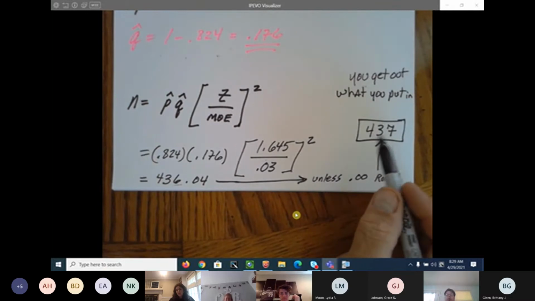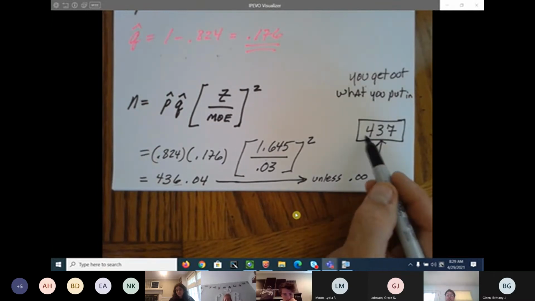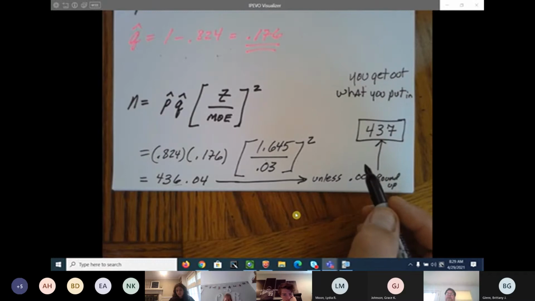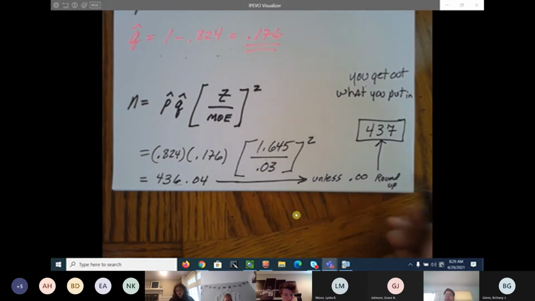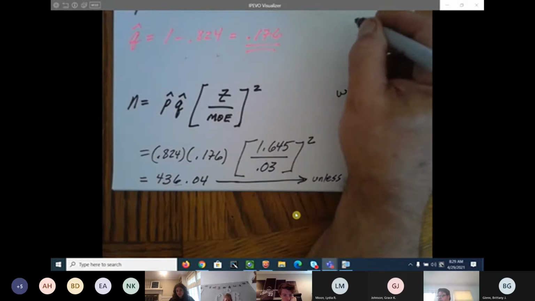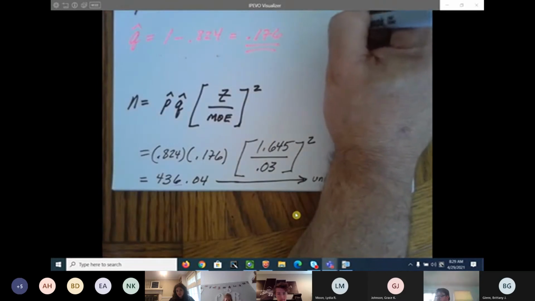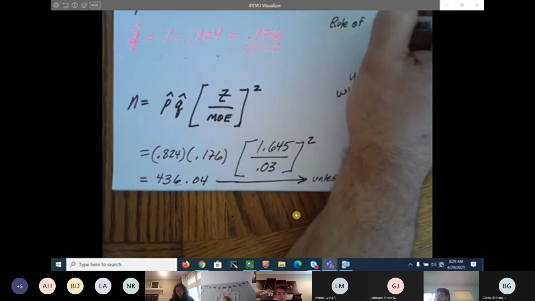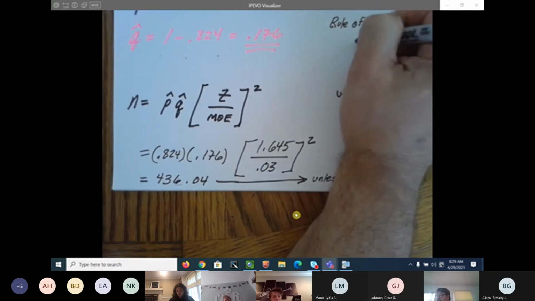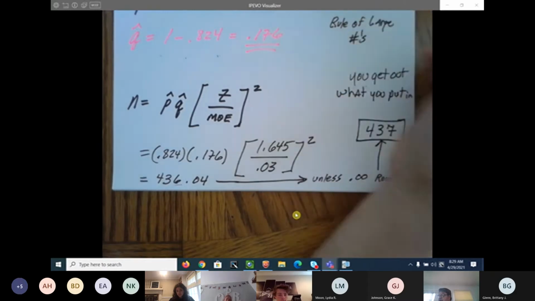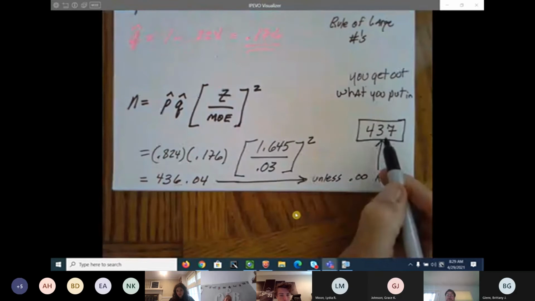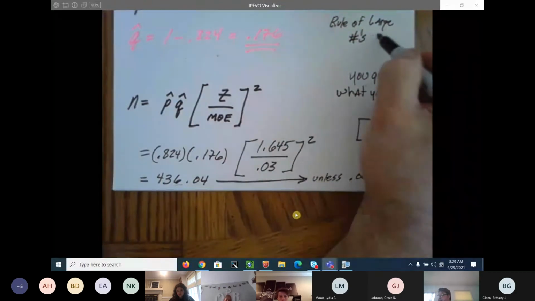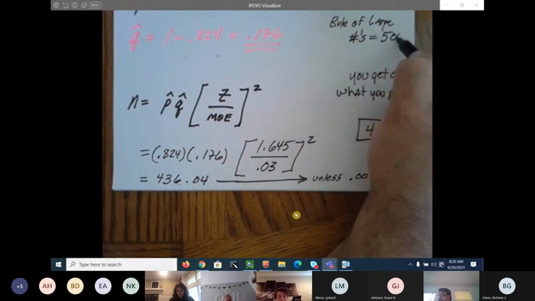Okay, so in the real world, would I do 437 or would I do 450 or 500 people? I would do 500 probably. By the rule of large numbers, if this thing kicked out 437 in the real world, I'd probably survey 500 people.